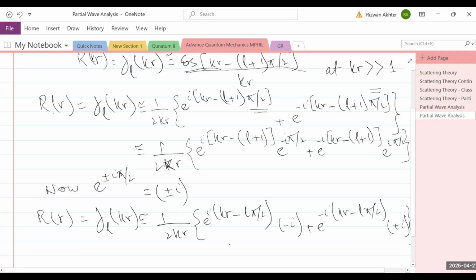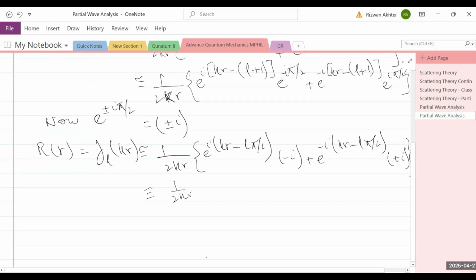If we take this factor out, we have almost 1 upon 2kr after simplification. So that is minus iota common, and this is e to the power iota kr minus l pi by 2, minus e to the power minus iota kr minus l pi by 2, and this factor.